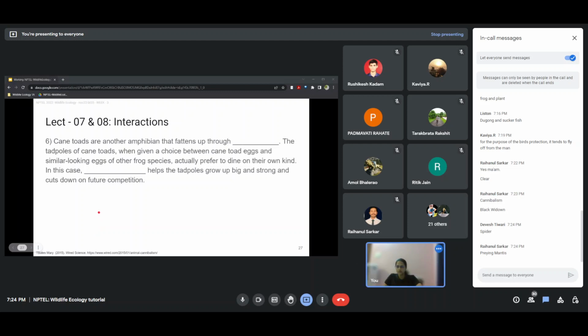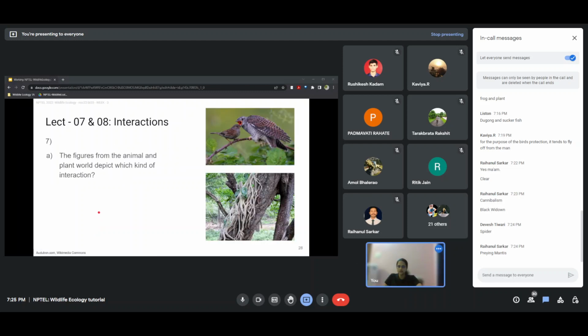All right. So moving on to the next question. This is another kind of interaction shown here. The first figure is from the animal world, and you see a tiny bird trying to feed a big bird. The tiny bird has prey in its mouth, and it's feeding the larger bird.